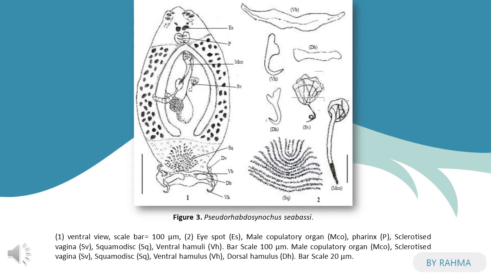Haptor was located in the posterior part of the body, differentiated from the rest of the body, provided with two similar squamodiscs in ventral and dorsal part of the body. This haptor also had two pairs of lateral hamuli, three transverse bars and seven pairs of marginal hooklets, but its shape was not clear.